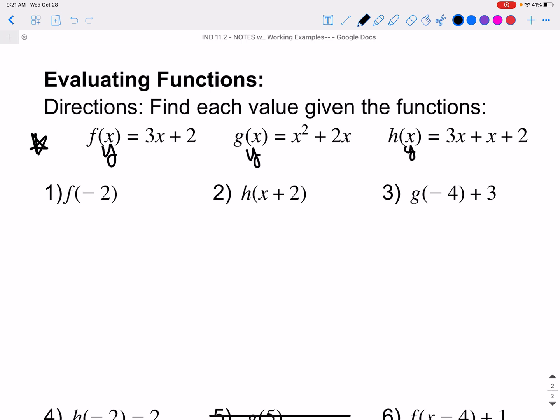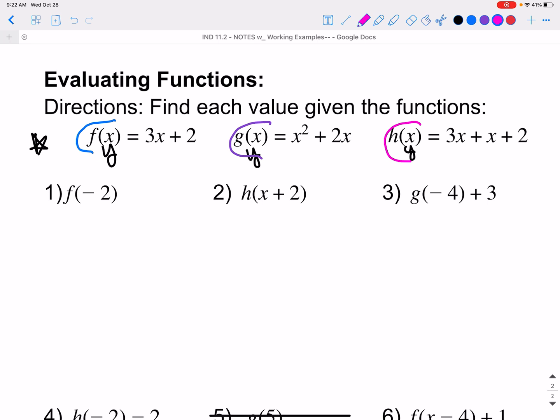It'd be like if I color coded them. Let's say I called this one the blue one, and so I said blue equals 3x plus 2. And then this one I called purple, and so I said purple equals x squared plus 2x. And this one I called pink, and so I said pink equals 3x plus x plus 2. It's just a way of naming them or keeping them separate.